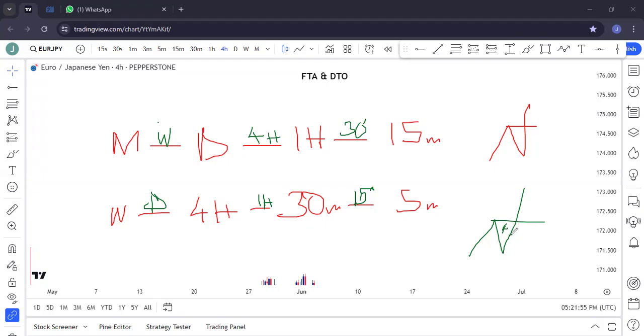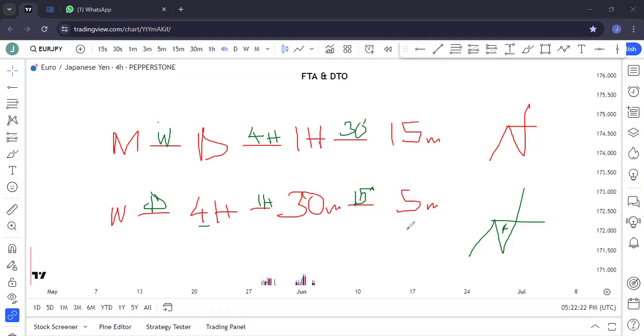So for example, this is 4 hours. That means you are going to verify this structure in the daily time frame. The FTA of 4 hours is what? Daily. The FTA of 30 minutes is what? 1 hour.